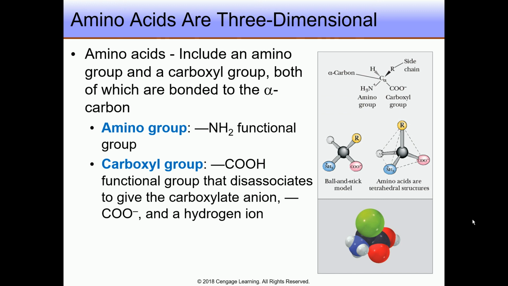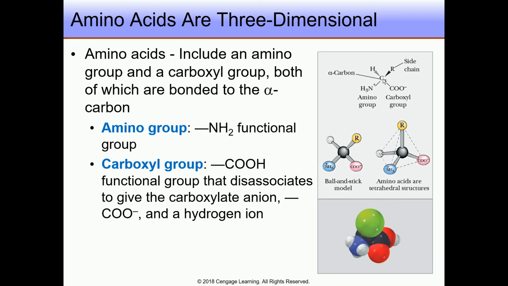So first of all, we need to know what the basic structure of an amino acid is, and there are 20 amino acids. We will be talking about those amino acids, and every amino acid has a basic structure. If we look here, this is the basic structure of an amino acid. There is a carbon, and you must know the valency, or bonding capacity, of carbon is 4.